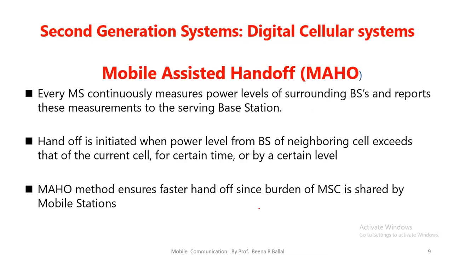If you talk about second generation systems, which are digital cellular systems, we have a different concept of handoff, which is called MAHO, mobile assisted handoff. In mobile assisted handoff, the handoff is taken care of by your mobile station, or MS. Our mobile station, or cell phone, continuously measures the power levels of the surrounding base stations in the background, and all these measurements are given to the base station.